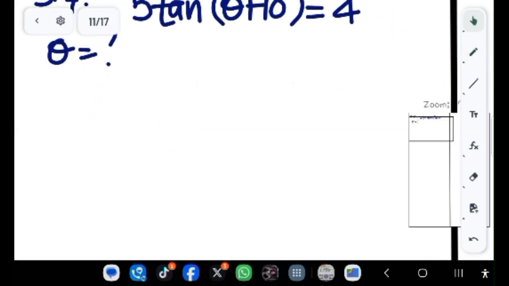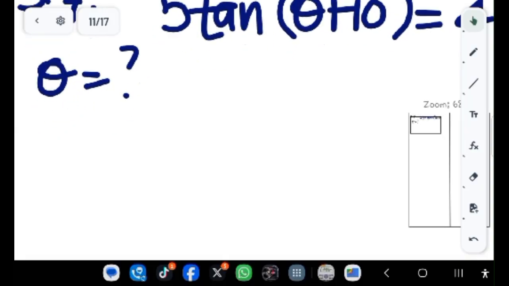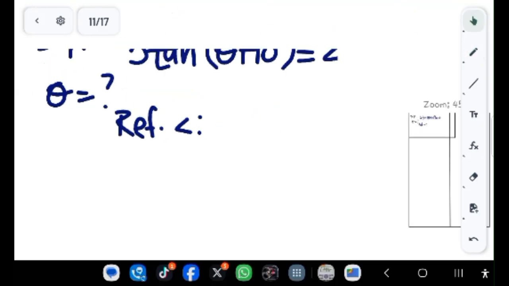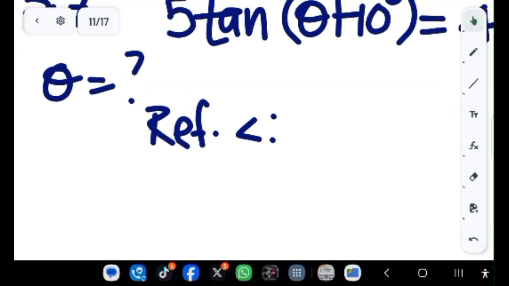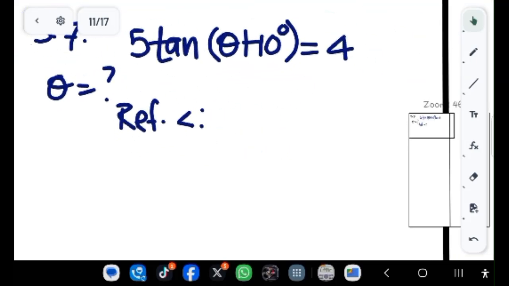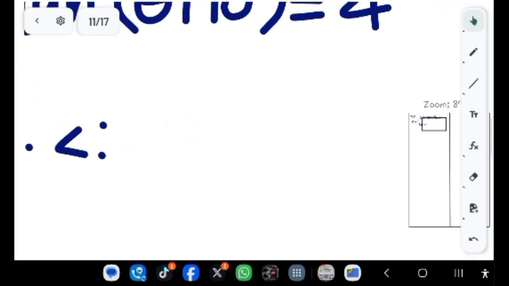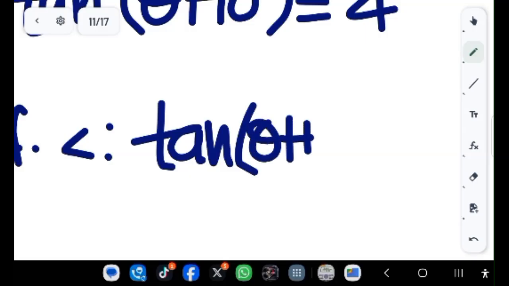All right, step number 1. Let's find the reference angle. So let's take everything to the right. Therefore, we've got sin of theta plus 10 degrees equals 4 over 5.